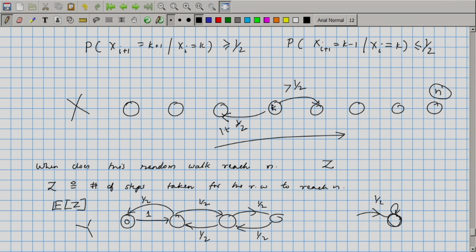So the expected number of steps taken by the random walk y to reach the state n will be an upper bound on the expected number of steps taken by the random process x. X being non-Markov, the analysis of the expectation is difficult, whereas y, by virtue of being a Markov process, we can compute this expectation quickly.